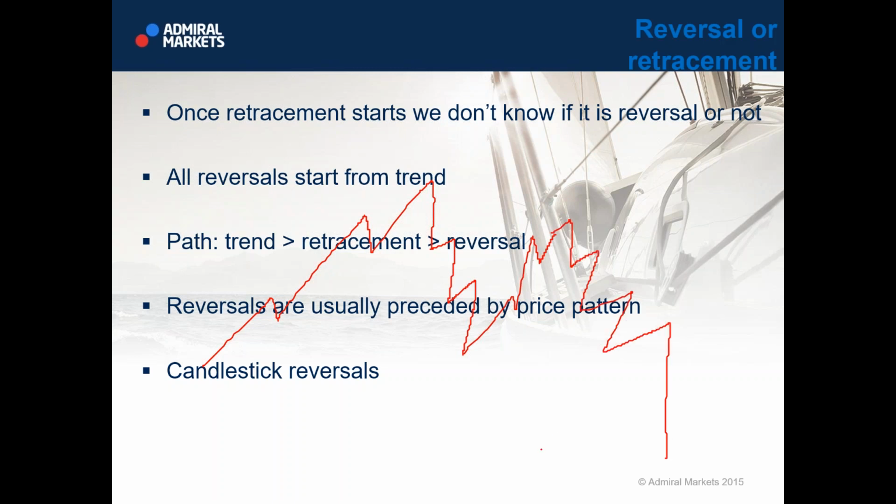So before reversal, you will always have trend and you will always have retracement. Reversal is the last of three. It comes at the third place. It follows trend and retracement. There is no reversal until there is a trend and retracement. But you don't know, right, whether it's reversal or not.